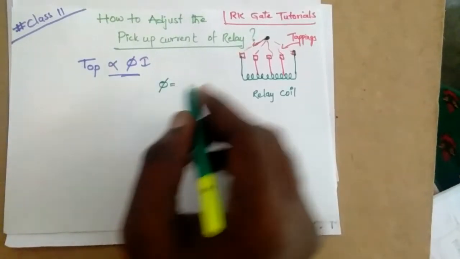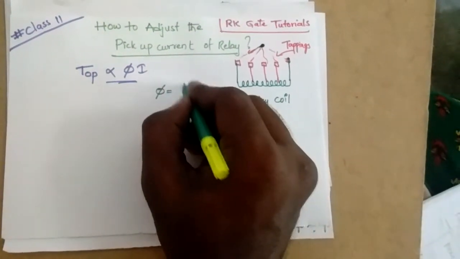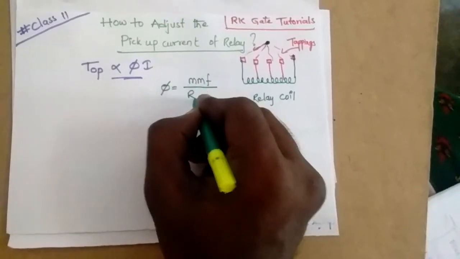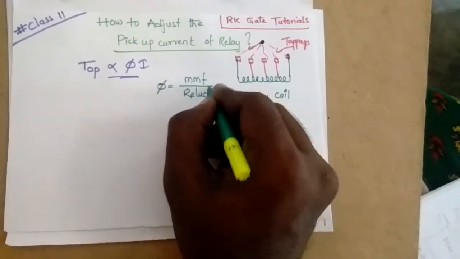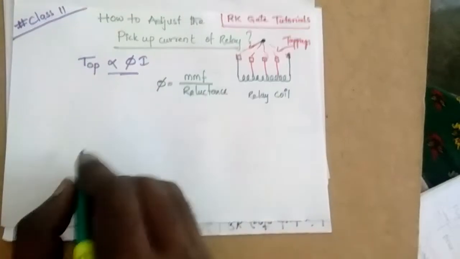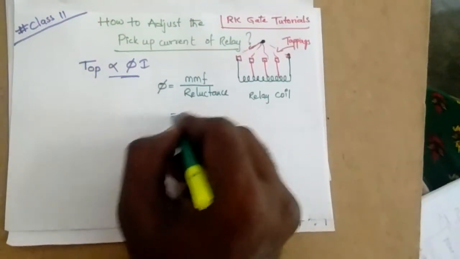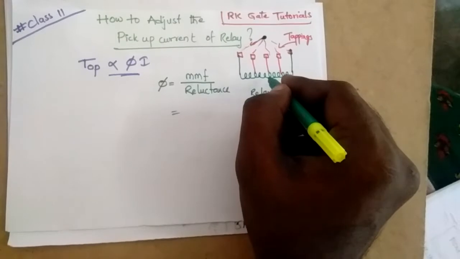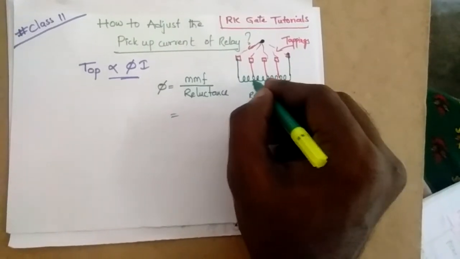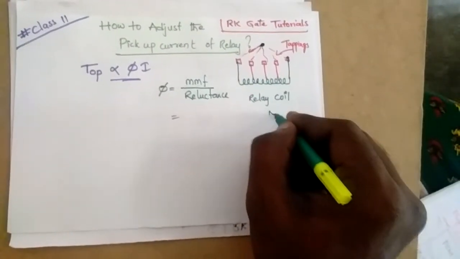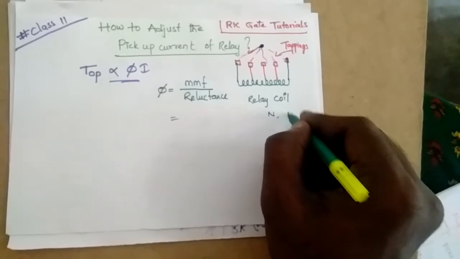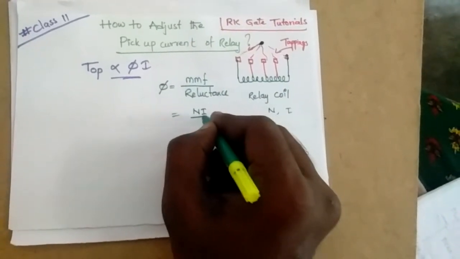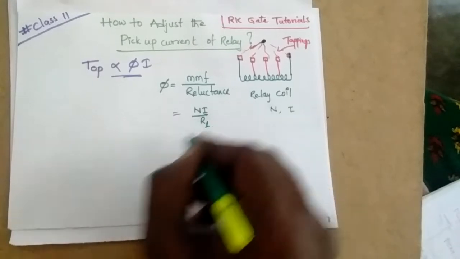Flux is nothing but MMF over reluctance. And MMF is the number of turns multiplied by the current flowing. So let the number of turns be N and current be I. So flux is N I by, let us say reluctance be RL.